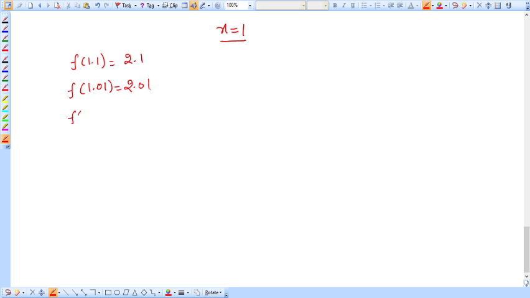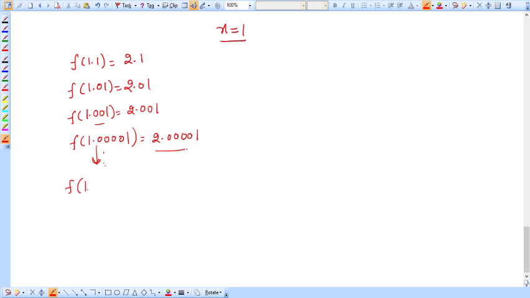If you again put a smaller number here, it would be equal to 2.001. If you again try to put something smaller than this, you will be getting 2.00001. So in this way, जैसे जैसे आप इस नंबर को और छोटा करते जाओगे आपके पास ये वाला नंबर भी छोटा होता जाएगा.